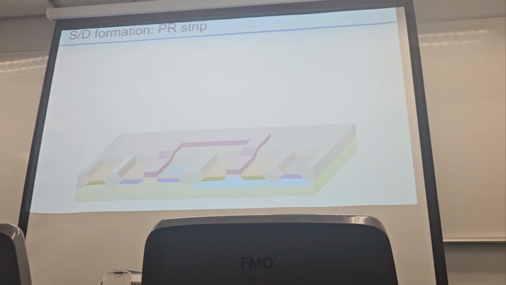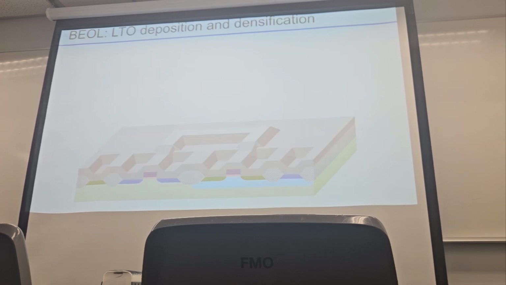Then you can see that we use the polysilicon as a mask to protect the gate structure. We can remove the silicon dioxide in other regions to open the connection to the outside. So before that, we still need another LTO deposition, which works as an isolation layer between the first layer and the second layer metal.